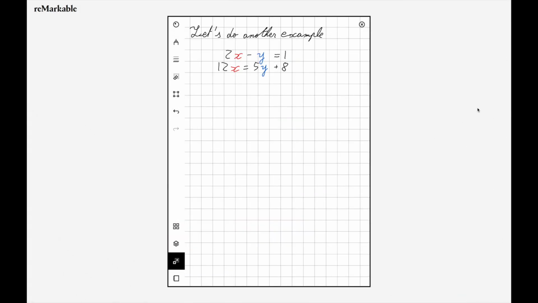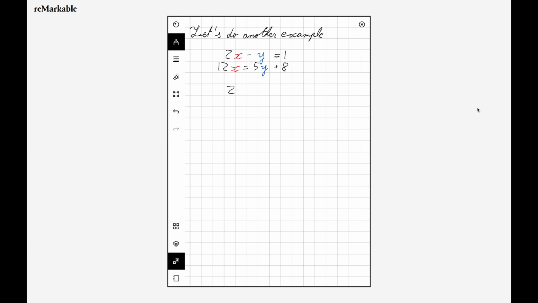Let's do another example. Once again, let's go through our modular step-by-step process that we established in our previous example. Let's choose an equation. Once again, let's choose the first one. All right, let's this time find an expression for x in terms of y, just to mix it up. It doesn't really matter.